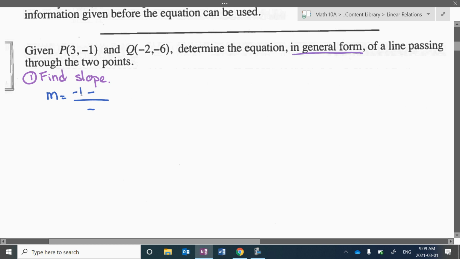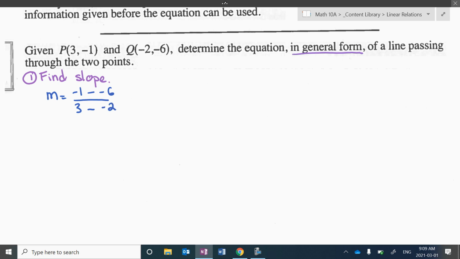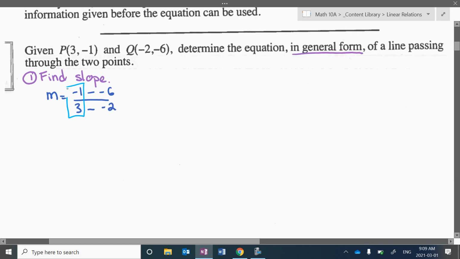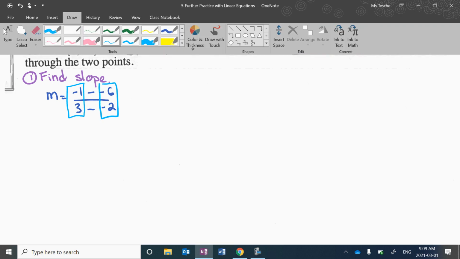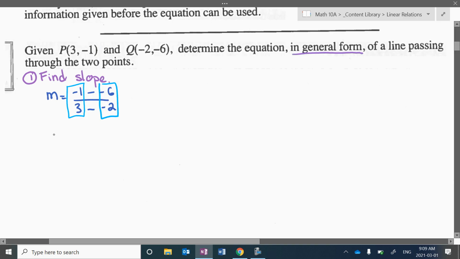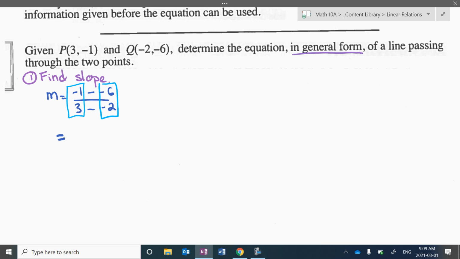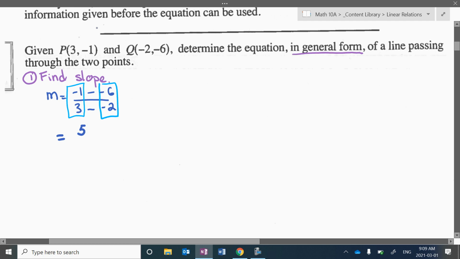My first point has a -1 and a 3, and my second has -6 and -2. You don't get a calculator for this test, so let's review integers. -1 minus -6 is positive, so we're adding: -1 plus 6 gives us 5. -3 minus -2, we're adding again, so we get 5, and my slope is 1.